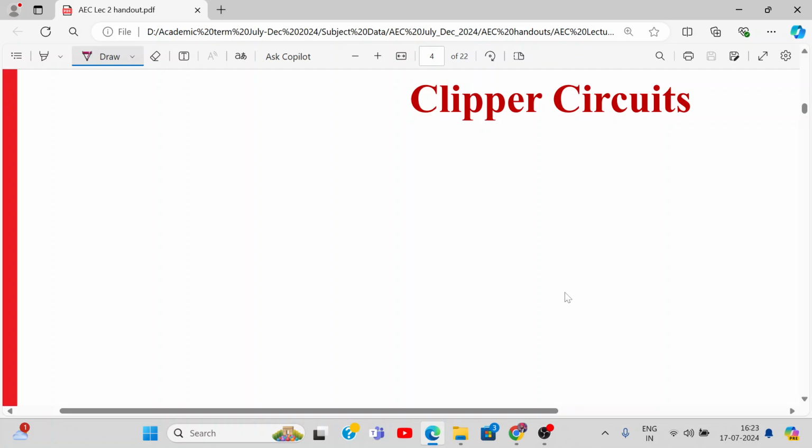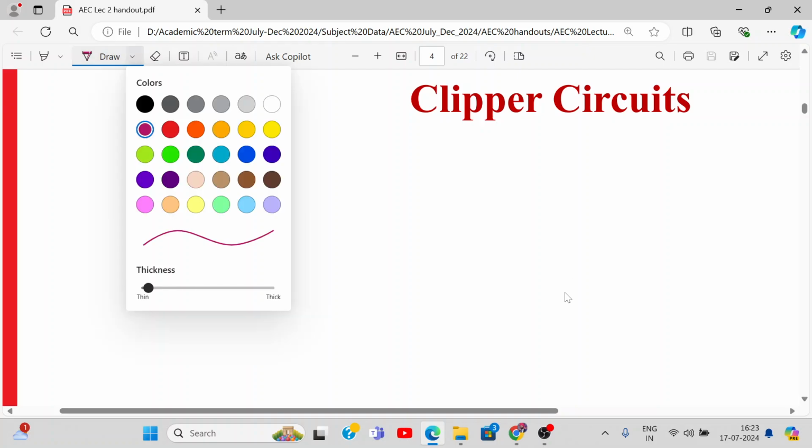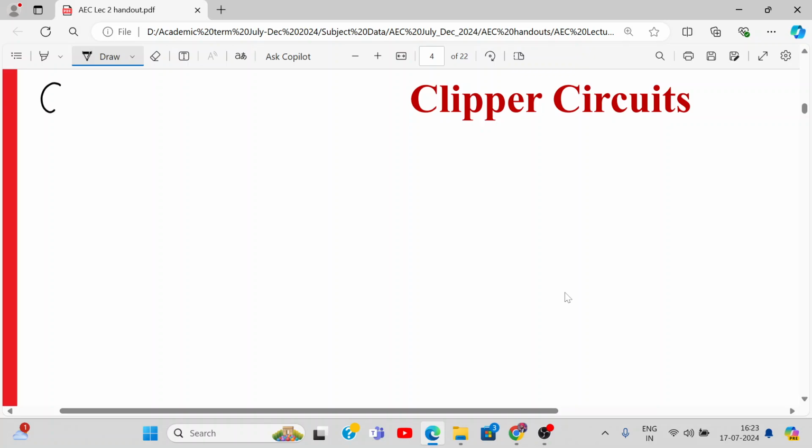This circuit will be called clipper number 1. For the circuit given below, plot the voltage transfer characteristics.